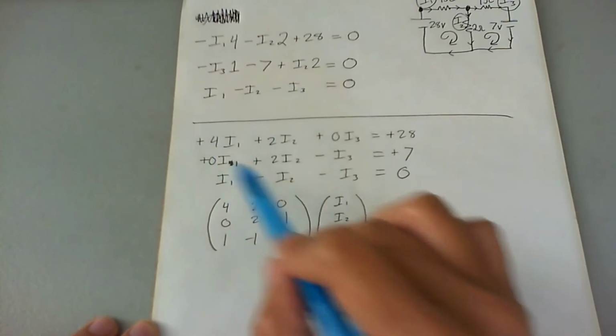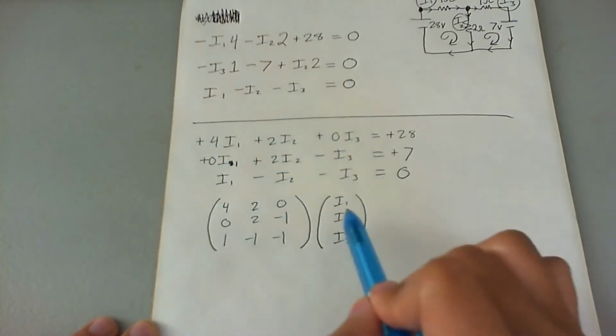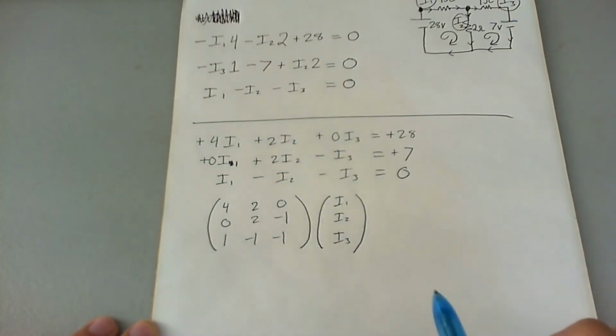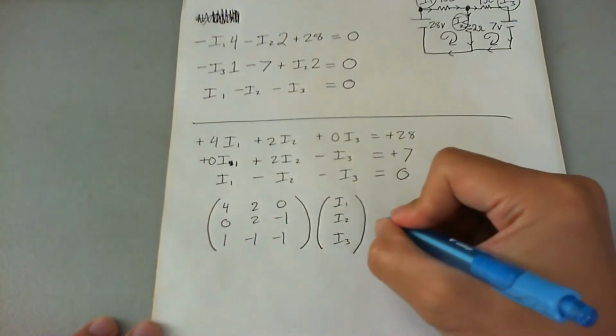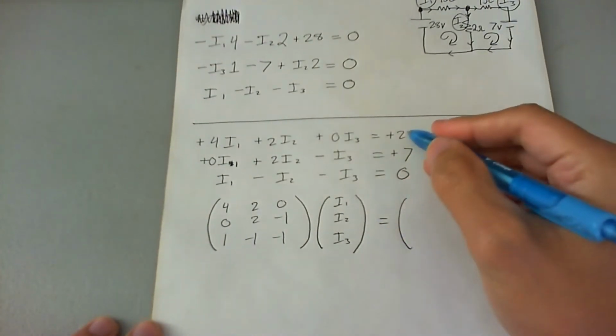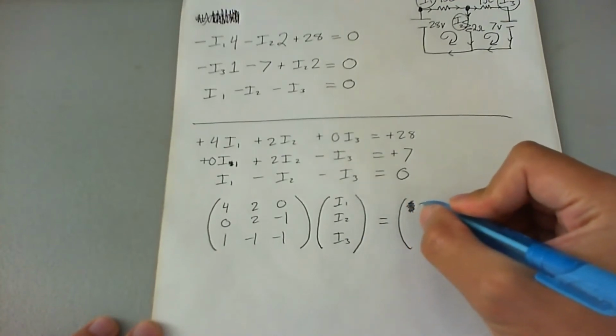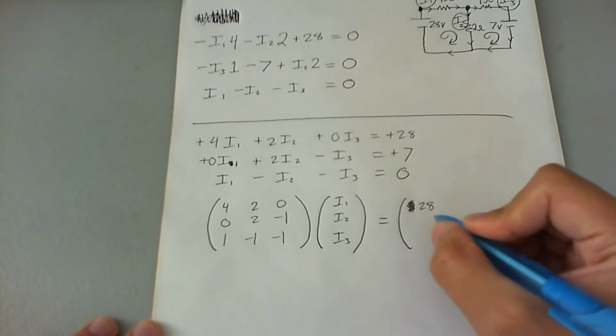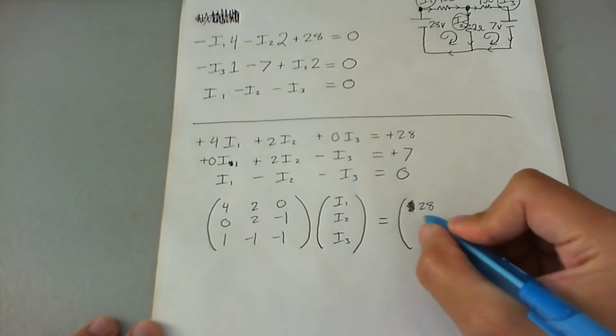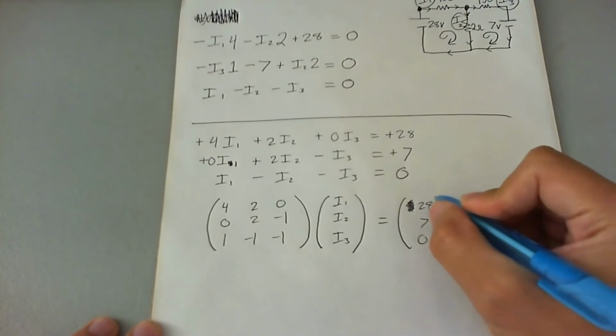And it all breaks down into the same thing that we have here when you do the correct matrix multiplication right here. And I'm going to set this equal to a set of 3 rows, 1 column. It's going to be 28, 7, and 0.